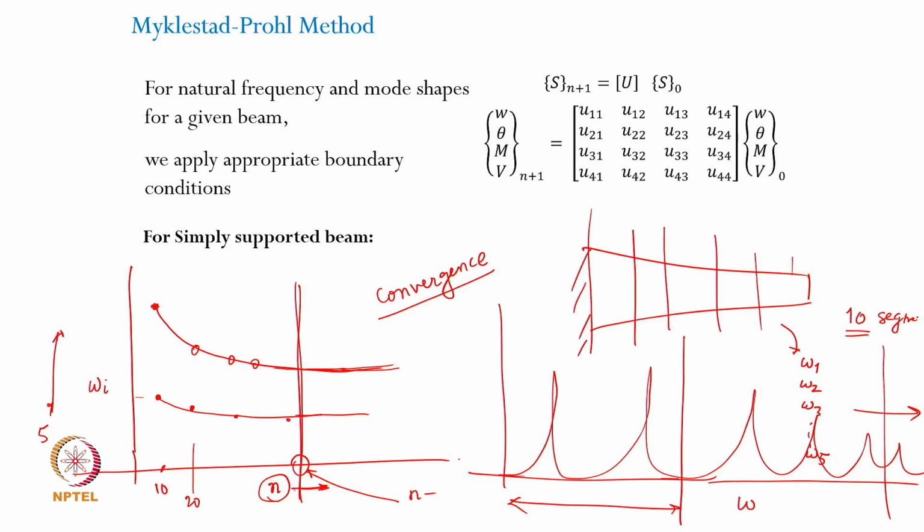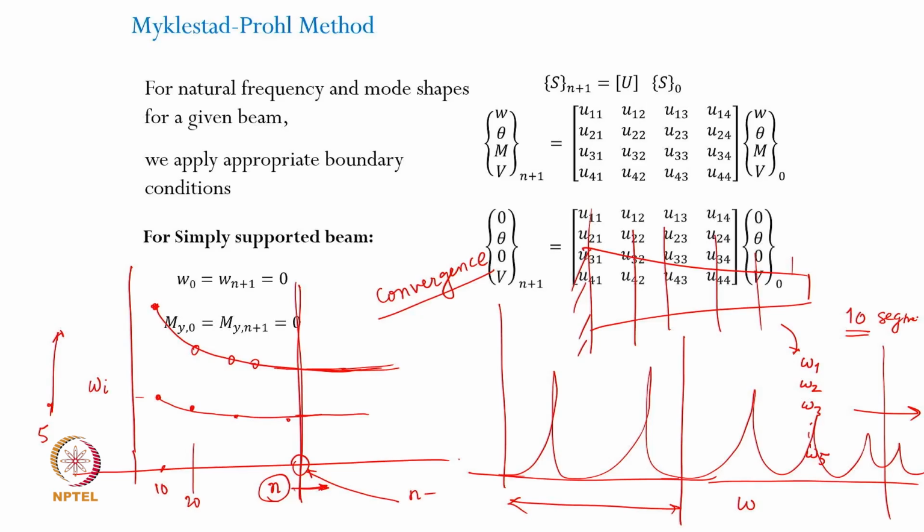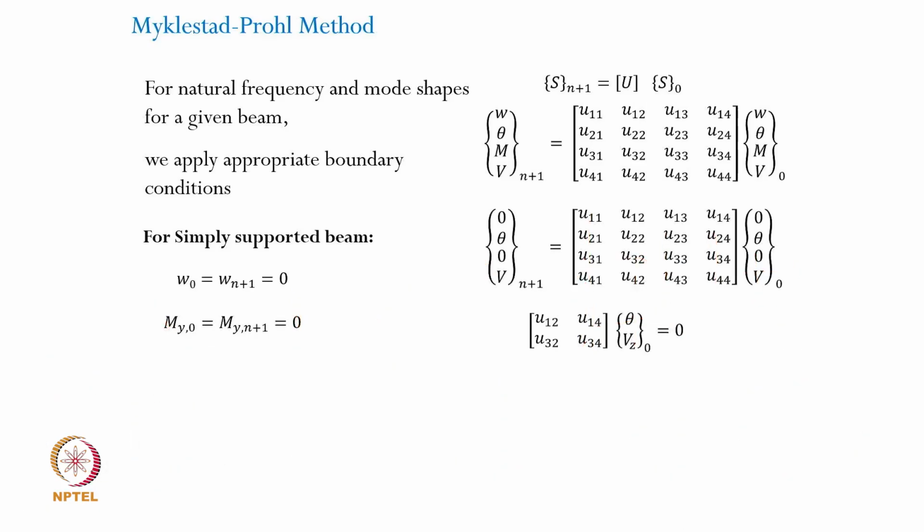After this, once you have obtained all the eigenvalues, all the natural frequencies, for this lateral vibration problem, how do I find the mode shapes? That part is quite similar to the method we discussed in the case of the Holzer method. You first assume the deflection.